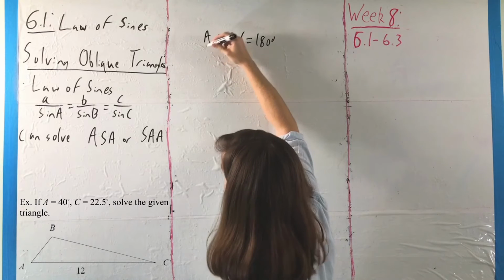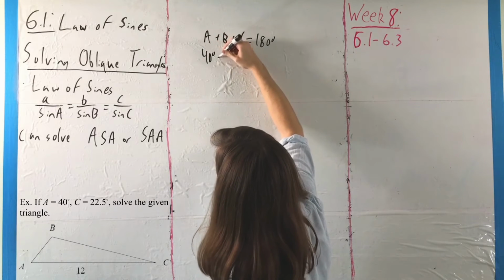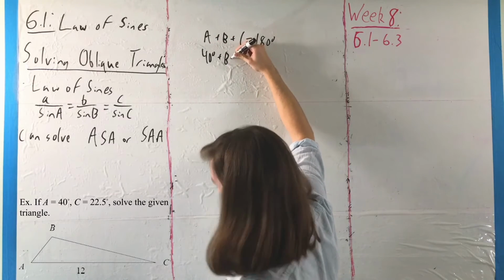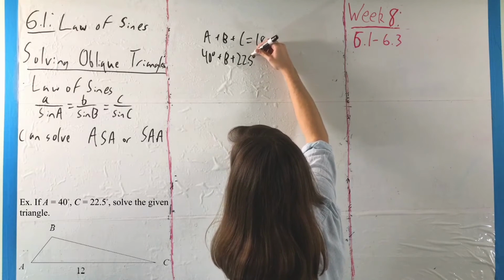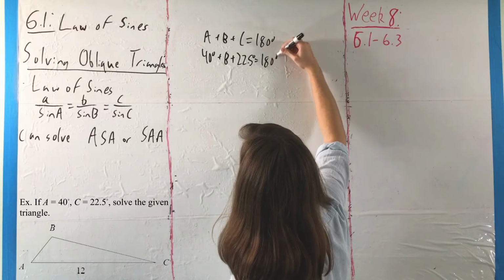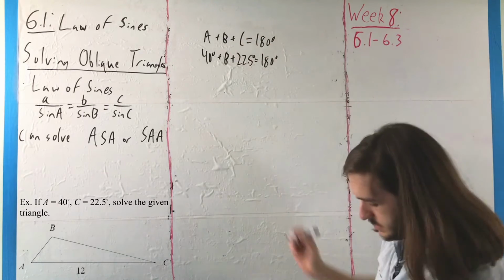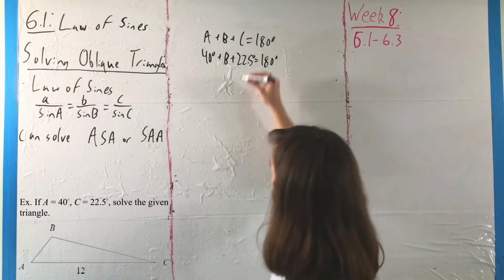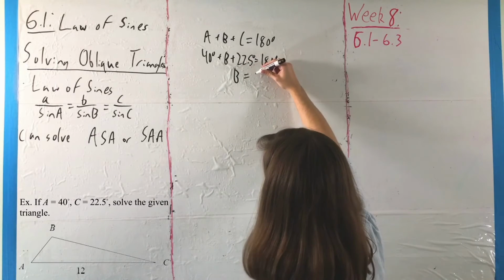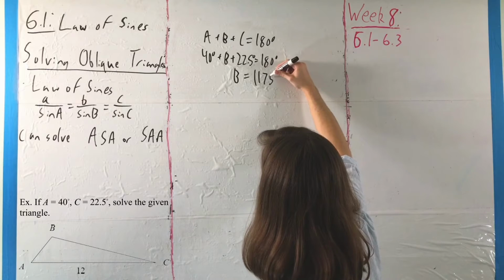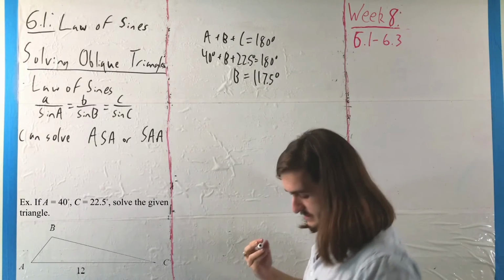But we have A and C. 40 plus B plus 22.5 is equal to 180. So subtract over 40, subtract over 22.5, and we'll get that the angle B is equal to the not very pretty measurement of 117.5 degrees.